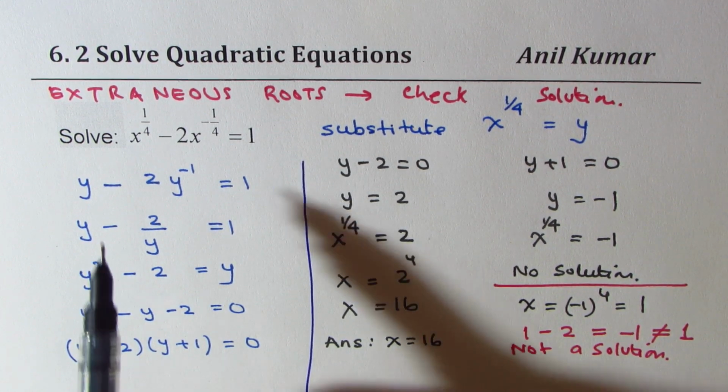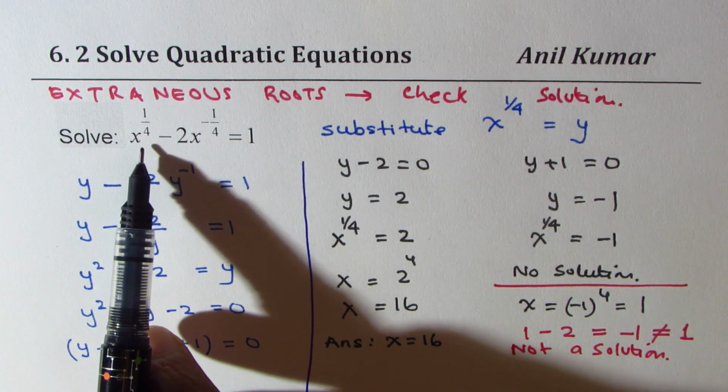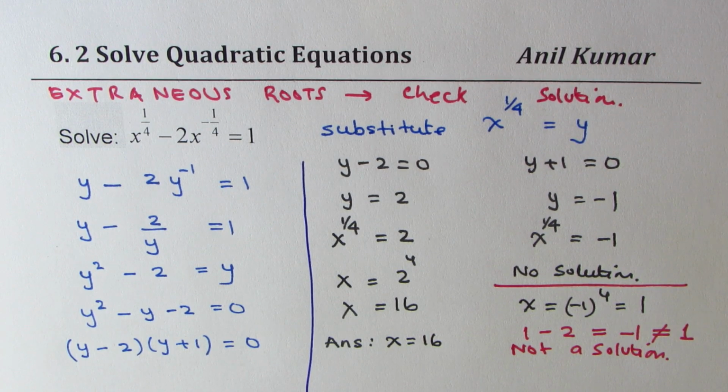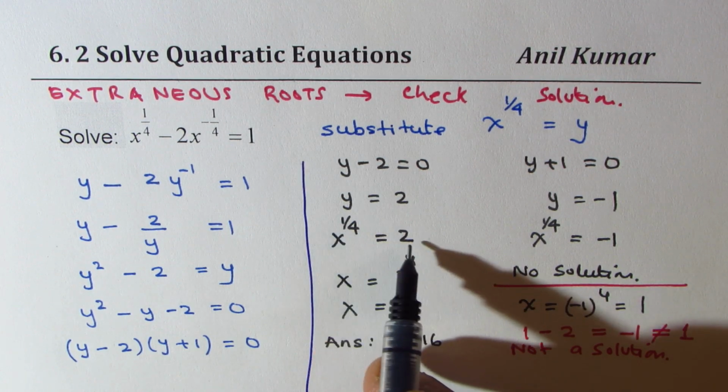If you substitute 16 here, then the fourth root of 16 is 2, right? So if you substitute that, then what do you get? We know x to the power of 1 over 4 is 2.